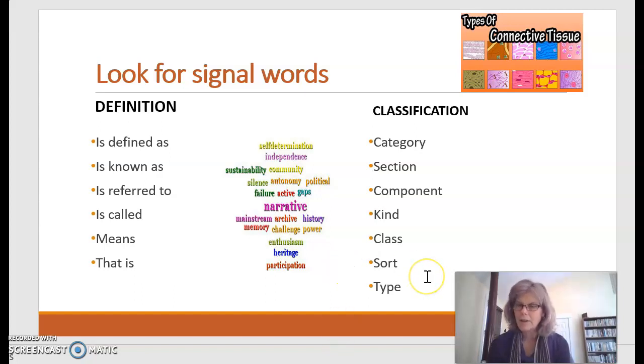And then classification is really important. We find all the time writers want to break things down into categories or sections, different kinds or different types. And they use these words to signal to us, this is how I'm organizing this paragraph or this support.